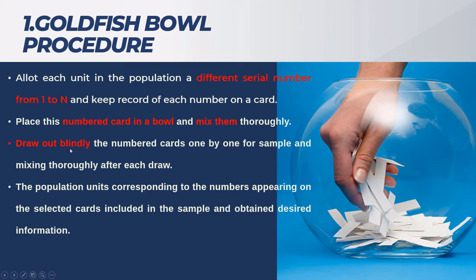At second step, place the number cards in a bowl and mix them thoroughly. At next step, draw out blindly a numbered card one by one for the selection of sample, and after each draw, mix the remaining units thoroughly.